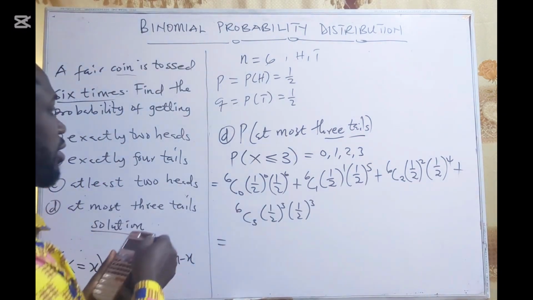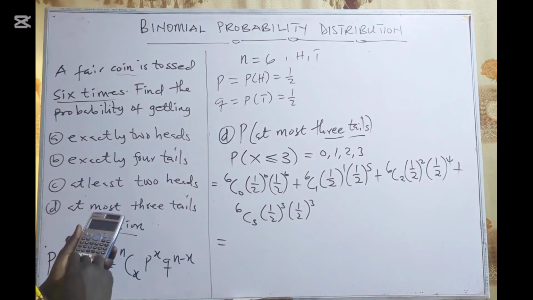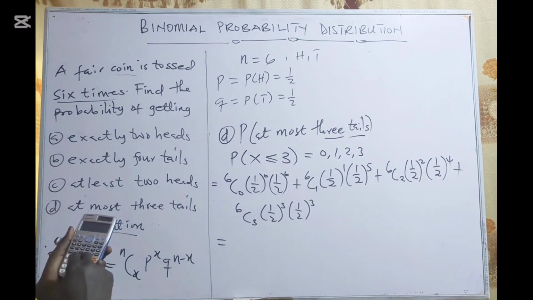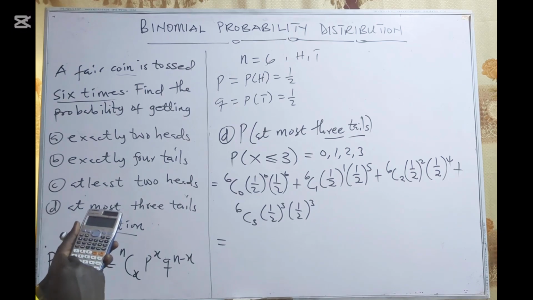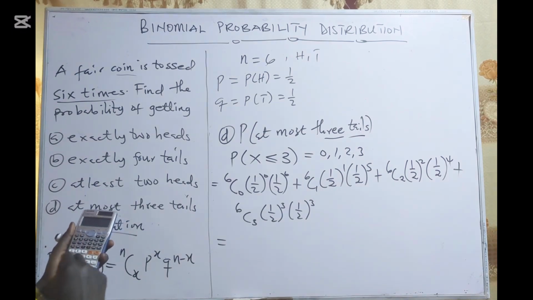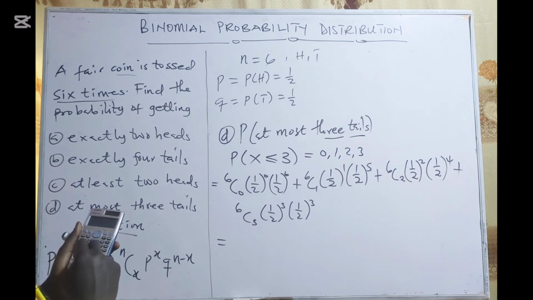So let's put it on the calculator and then we see. So 6 combination 0 times 0.5, which is 1 over 2 exponent 0, times 1 over 2 exponent what? Exponent 6.